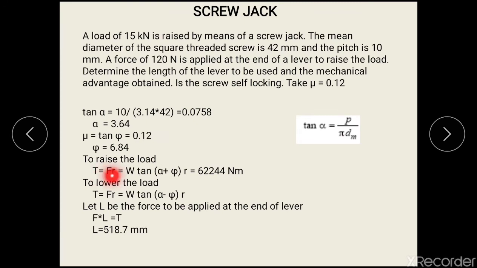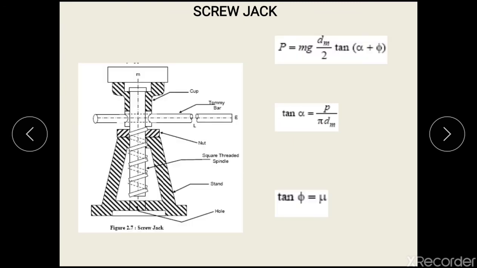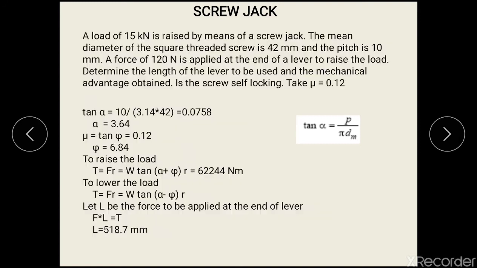So torque equals W into tan of alpha plus phi into R. Here mg is converted into W, and dm by 2 is converted into R. So we need to find the torque. We need to find the alpha and phi values.